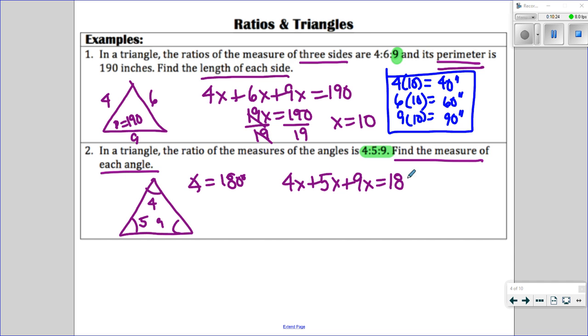And then we solve. So this will give us 18x, and then our x will equal 10.